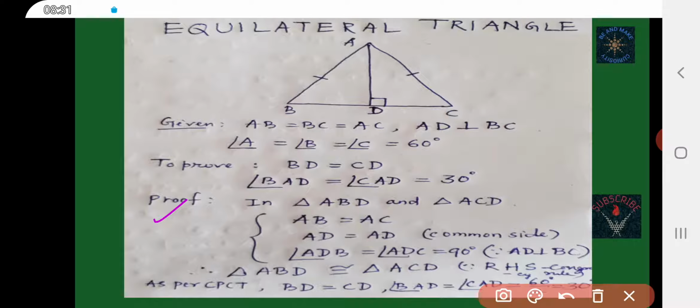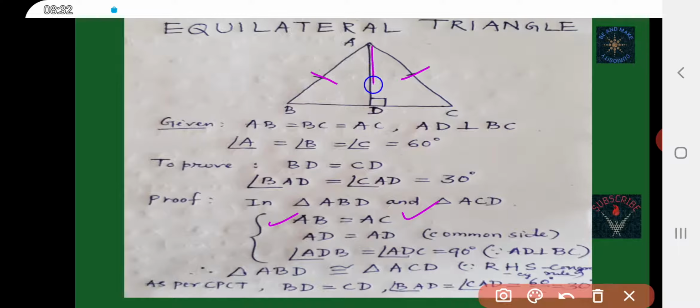Here in between triangle ABD and triangle ACD, you see AB is equal to AC. Why? Because you know that all sides of an equilateral triangle are equal. So AB is equal to AC.